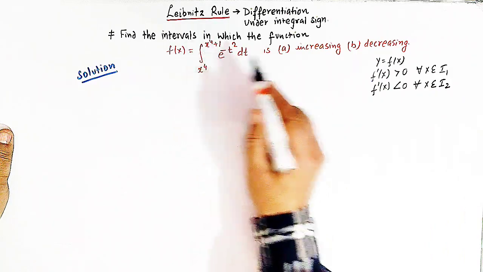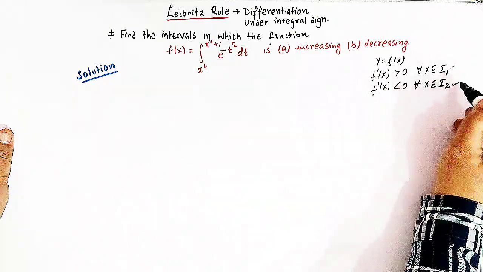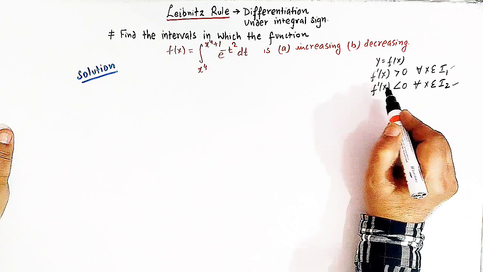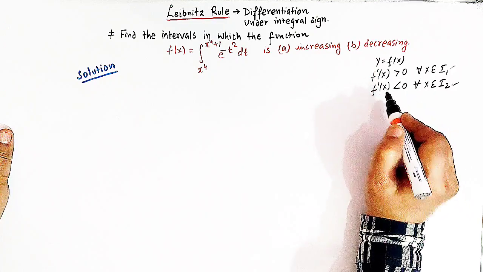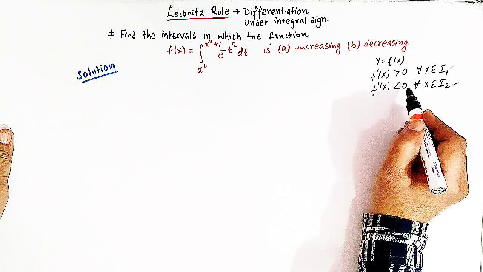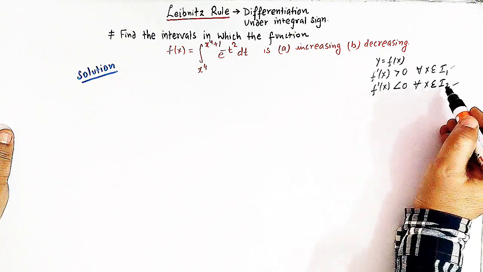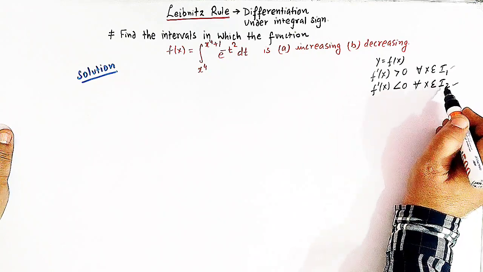And in this case we have to find I1 and I2, right? And the function is said to be decreasing if the derivative is negative, that is the slope is negative, so f prime of x is less than 0 for all x belonging to the interval I2, right?